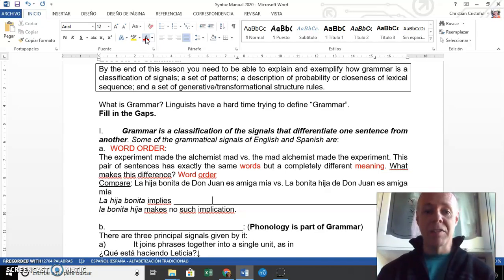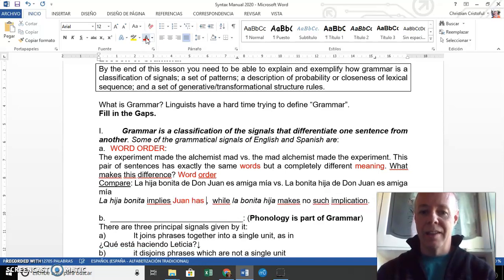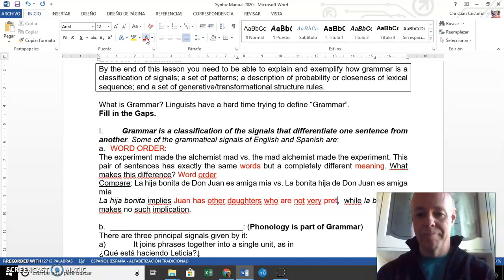Yes, because la hija bonita implies that Juan has other daughters who are not very fit, while la bonita hija does not make the implication.